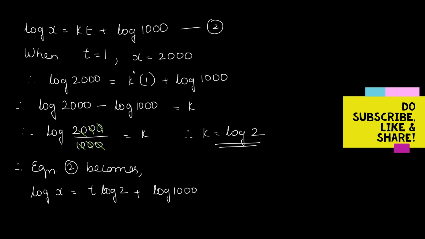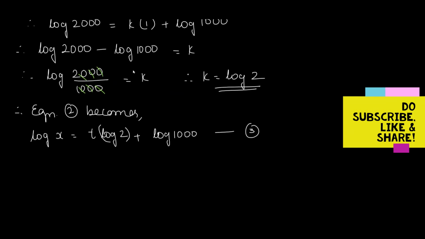Say that is equation 3. Now they want us to find out what is the population of bacteria when t = 5/2 hours. So when t = 5/2, what is the value of x? This is what we have to find out over here finally.